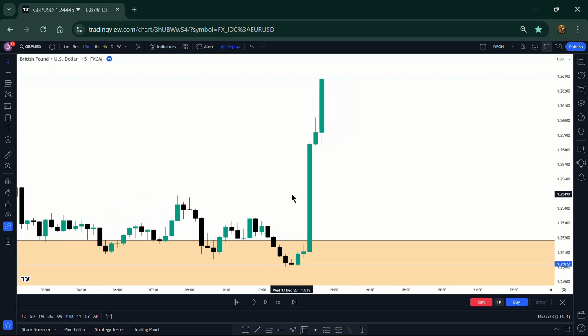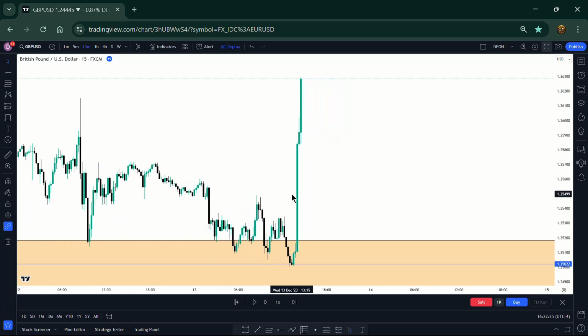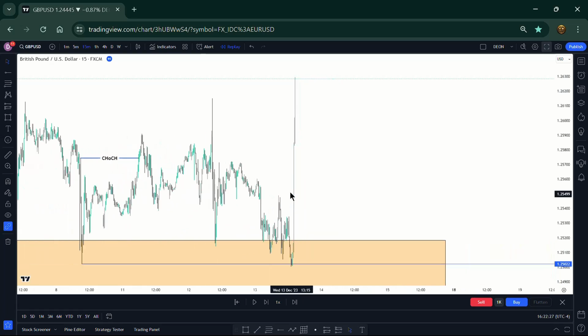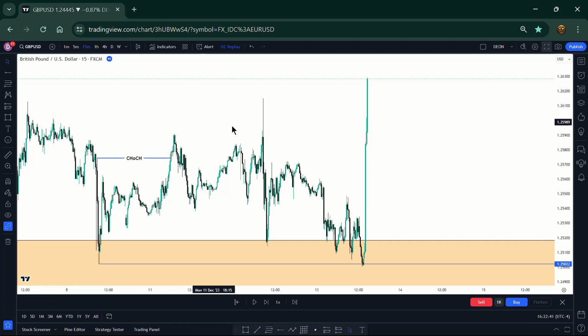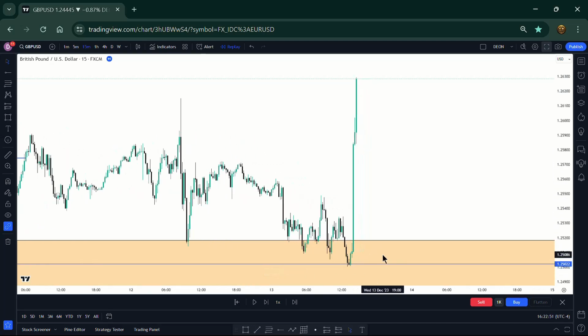The reason it was taken out by a wick is because we have made this change of character. So we are expecting a break of structure up there, but here as you can see, the market didn't break structure. It just did a liquidity sweep here with these highs. It made this turtle soup, came down again, cleared out that low, and then exploded.